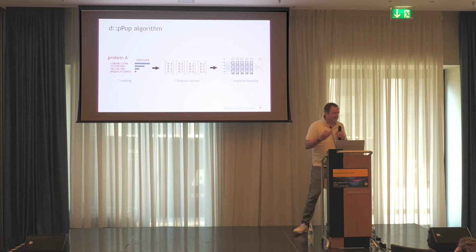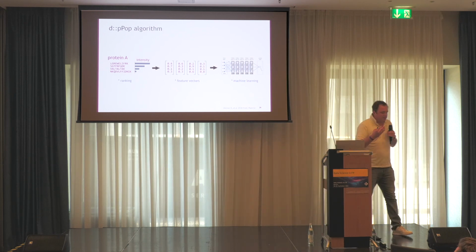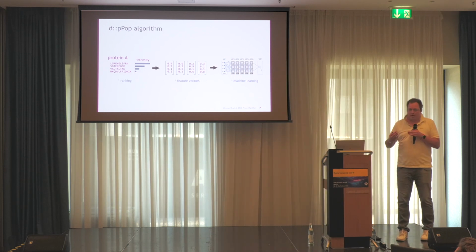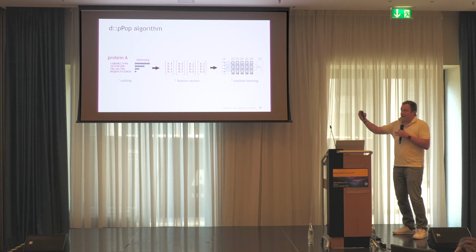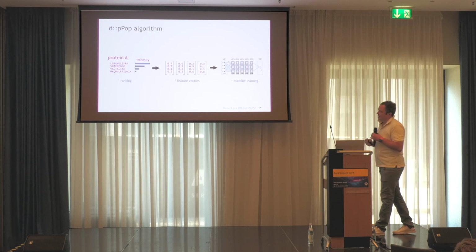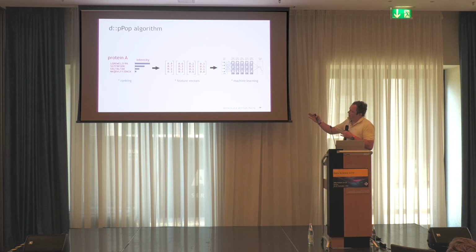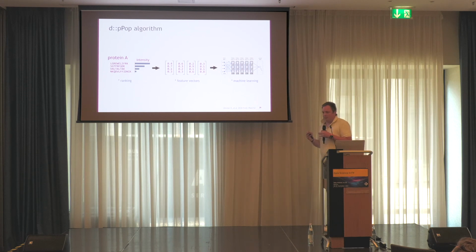This represents the physical-chemical properties of this particular peptide. It's like a physical-chemical footprint of the sequence. And then we could learn the observability when a peptide has these kinds of physical-chemical properties.